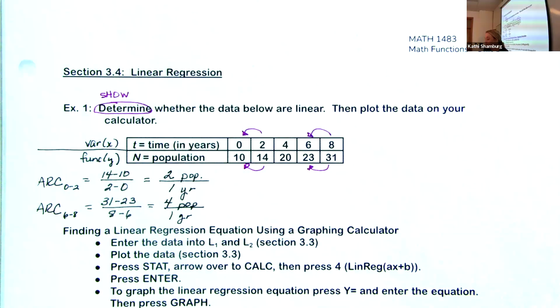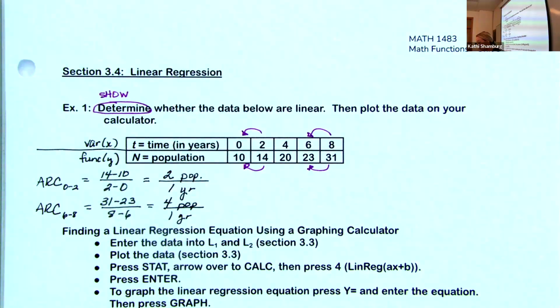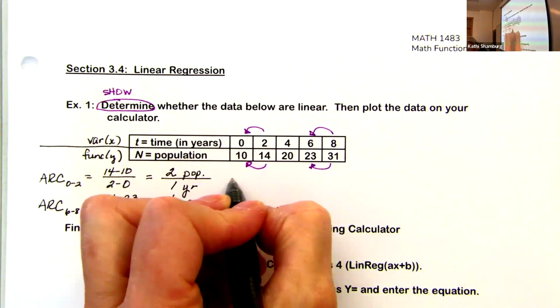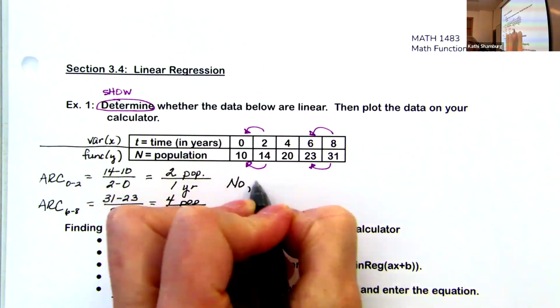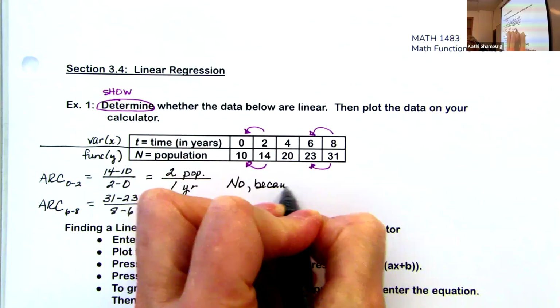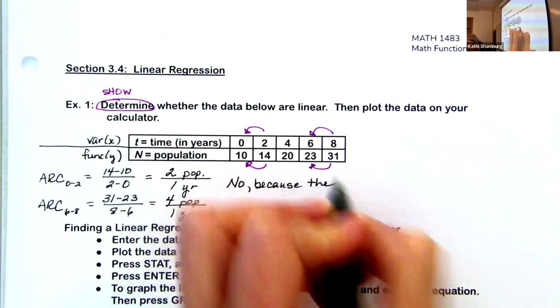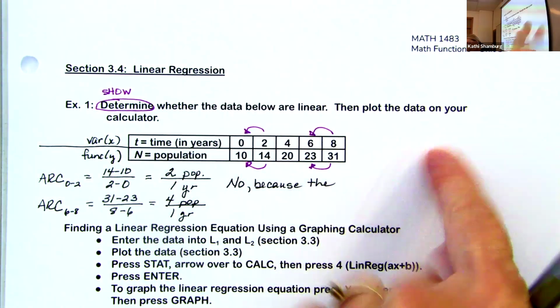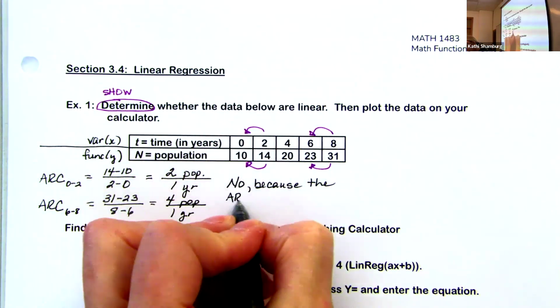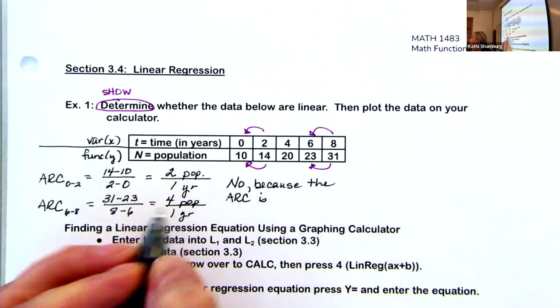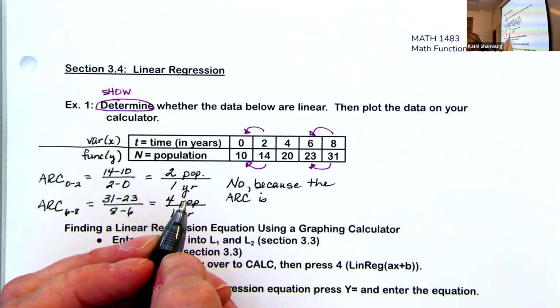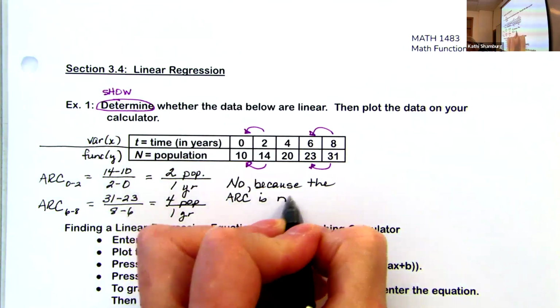Okay. So is it linear? No. Because, leave some room right here, we're going to create a graph. The average rate of change is not constant.